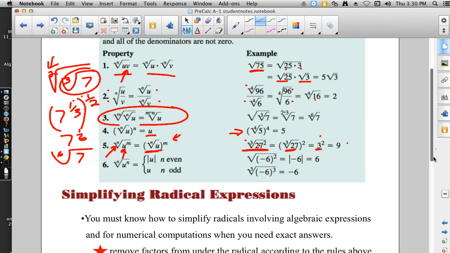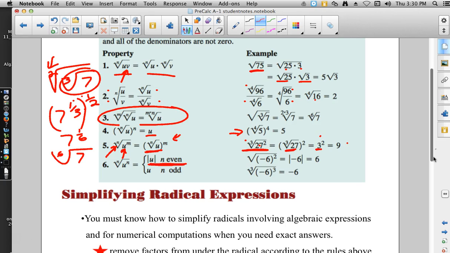And number 6 is basically just showing us the definition of what we need to do when we're talking about taking radicals, taking roots. So the nth root of u to the n. If the index is even, we're going to look at that positive value. We're going to say that it's whatever u is and it's positive. Now here's why.